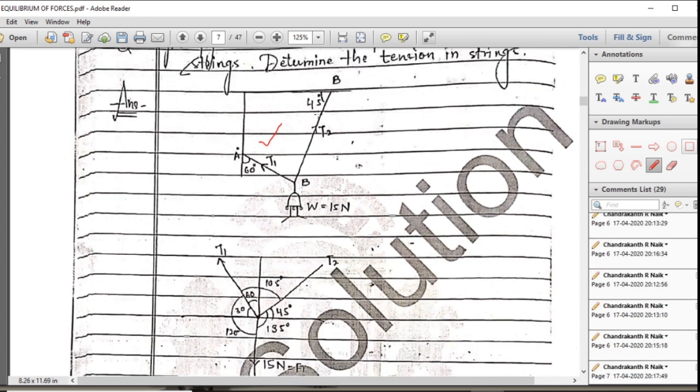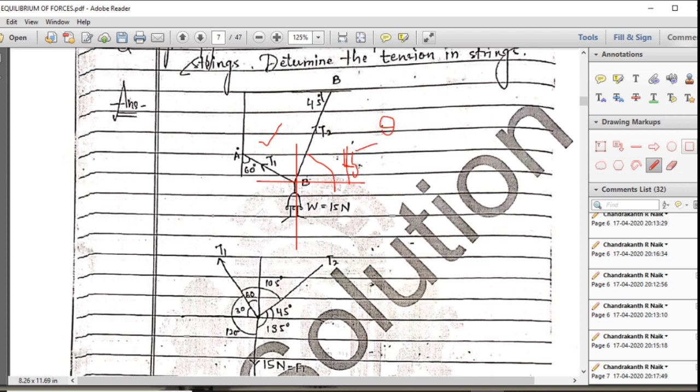So see here T2. So it is here 45 degree. So if we take a quadrant at this, okay, now since it is 45 degree, by the properties of alternate angle this is also 45 degree.